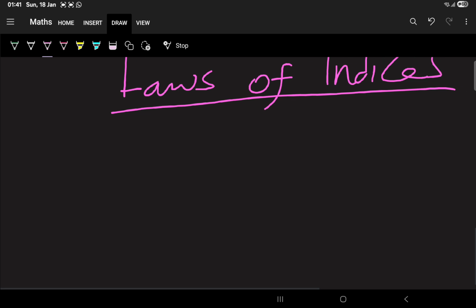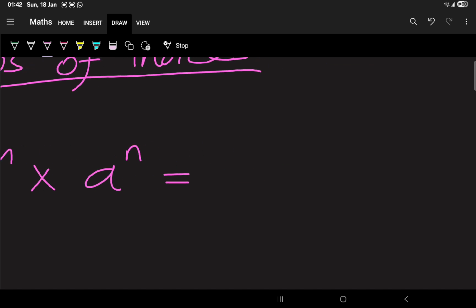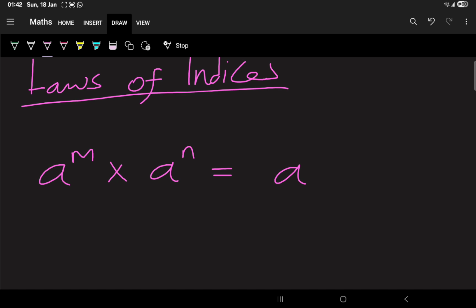Now let's look at some common laws of indices. Please keep alongside you your pen and your biro or any jotting material so you can engage yourself throughout the tutorial. First, we have the law of multiplication. This is expressed as: if you have a raised to the power of m times a raised to the power of n, this can be written as a raised to the power of m plus n.